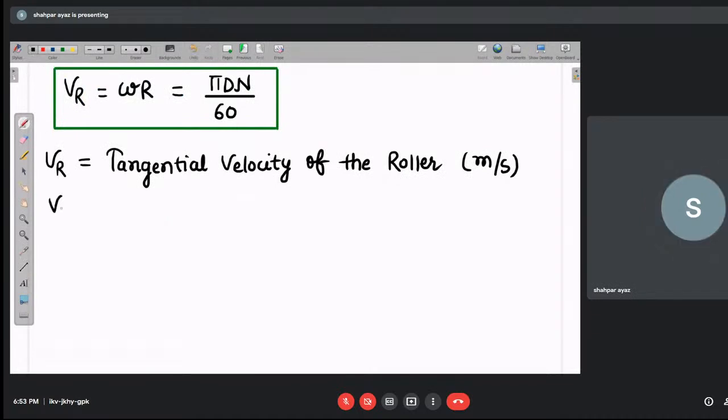VI is the initial velocity, the velocity of the billet at the entry of the roller.